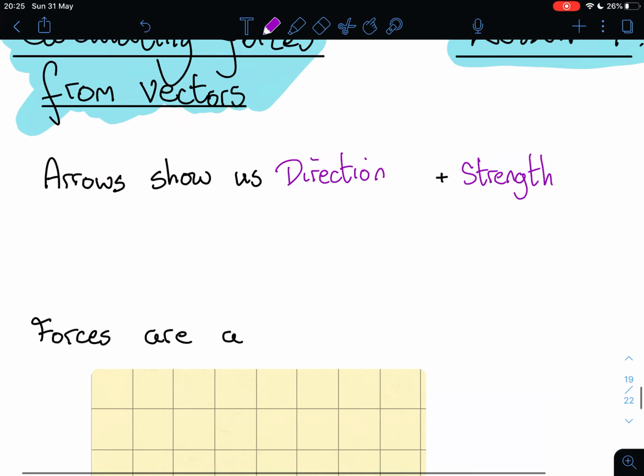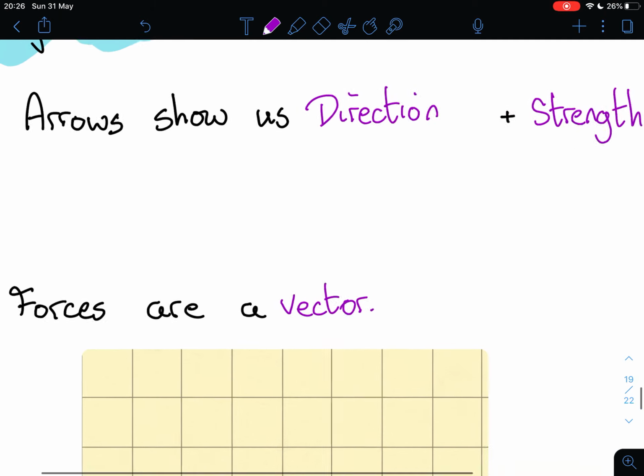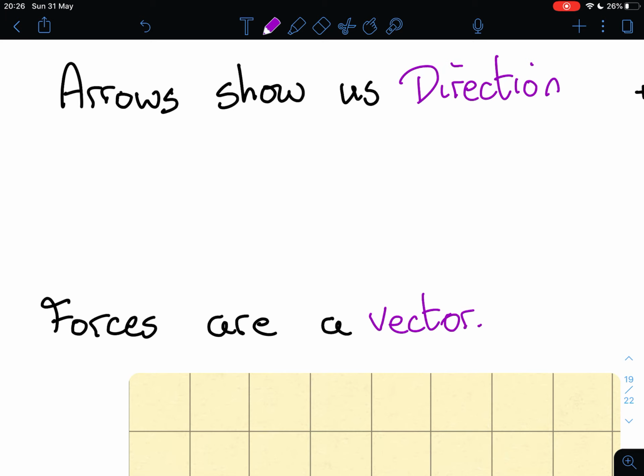So that means that because it is a number that has both direction and magnitude, they are a vector. Now, why do we need to know that? Well, so far in our science education, we've been doing forces in one direction, in one dimension. So, for example, tug of war.